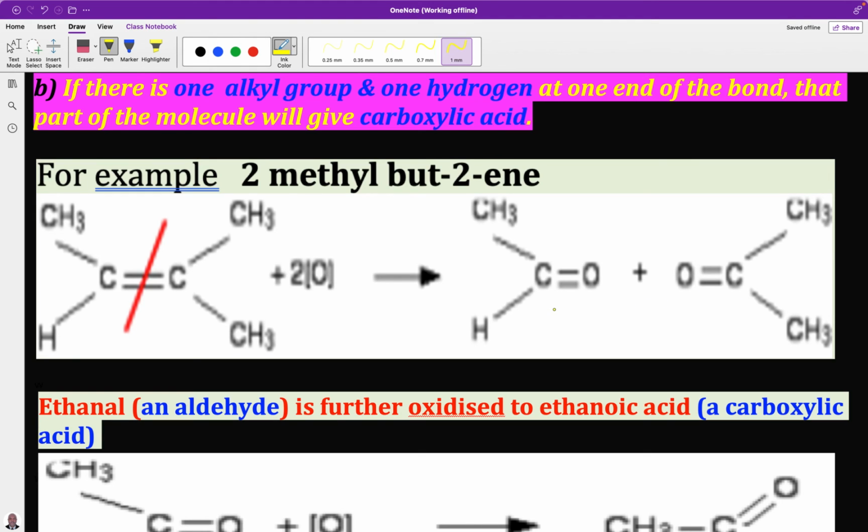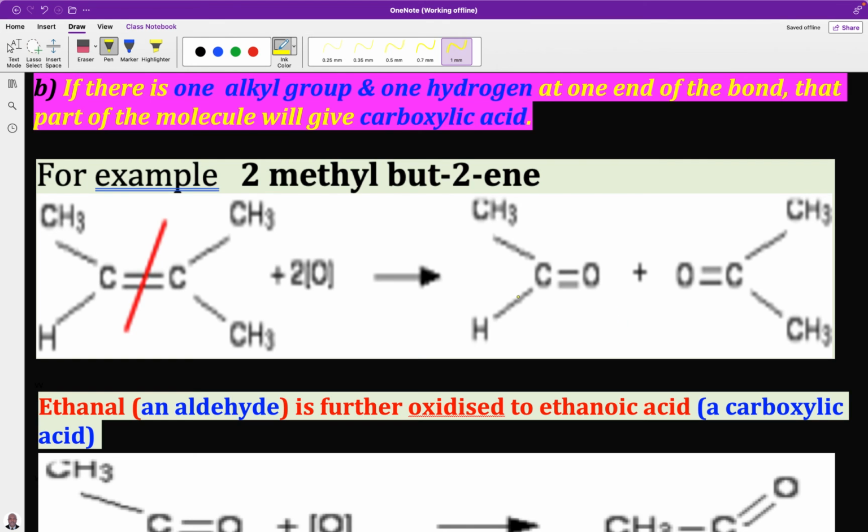Here we have ethanal, and we have propanone. Now remember that in oxidation, ethanal can be oxidized to carboxylic acid, that is ethanoic acid. So the ethanal produced here will undergo further oxidation to ethanoic acid.